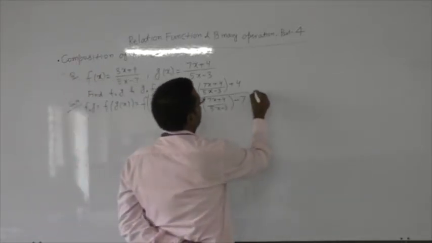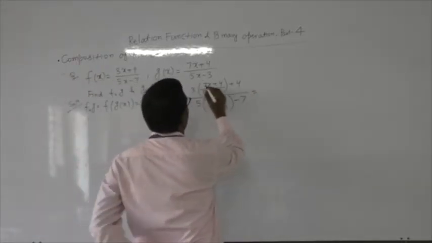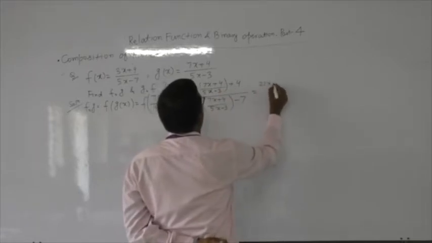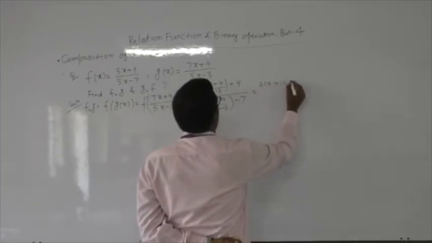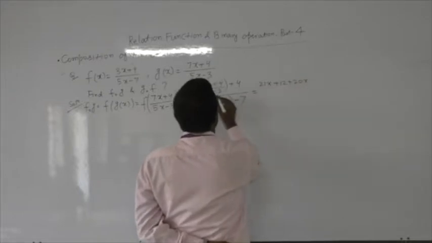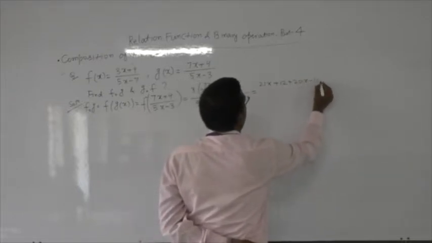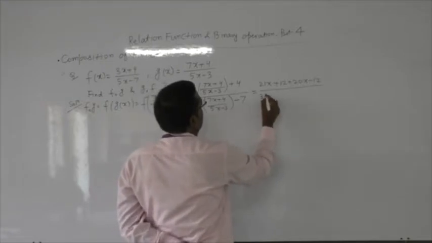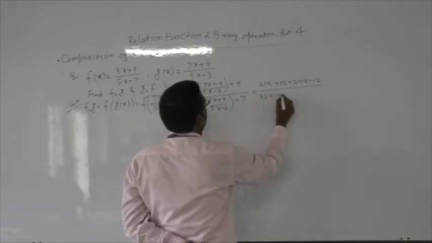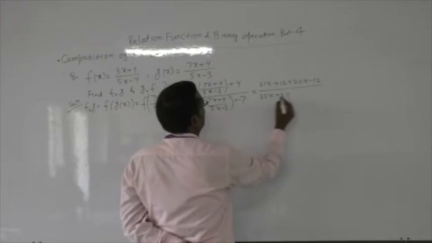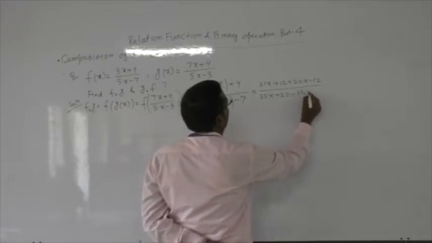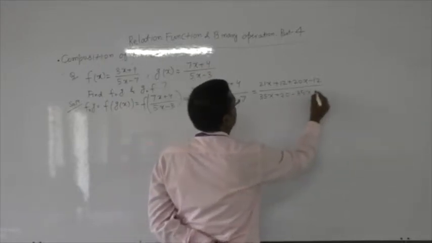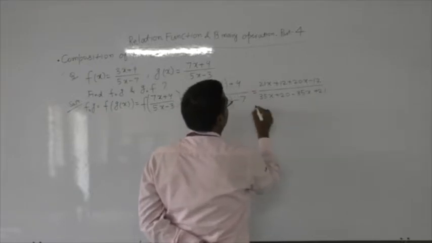Let's simplify it. After simplifying, we will get 21x plus 12 plus 20x minus 12, divided by 35x plus 20 minus 35x plus 21.